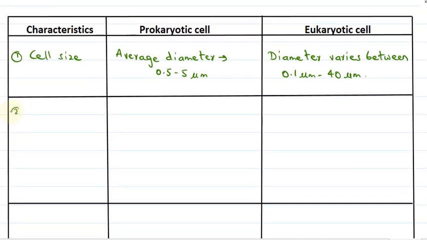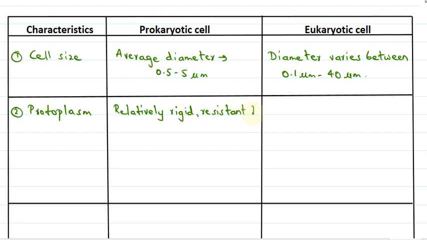Next characteristic feature for difference is the protoplasm. So the protoplasm in case of prokaryotic cell is relatively rigid, okay, and it is resistant to what?